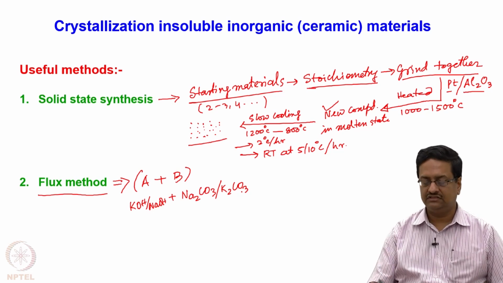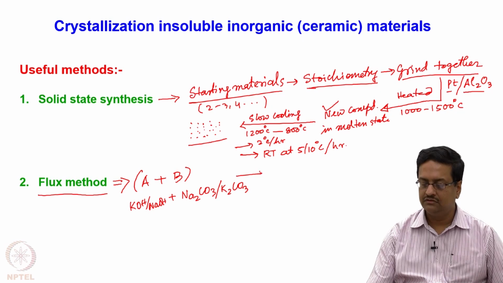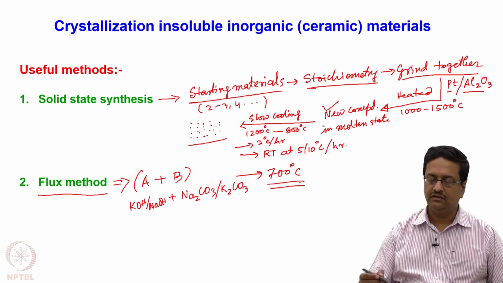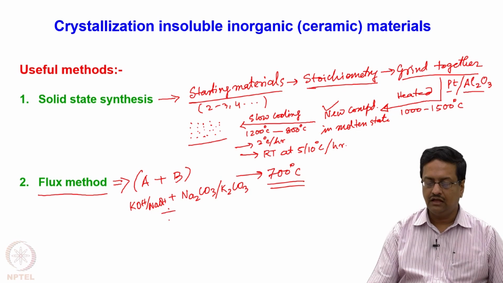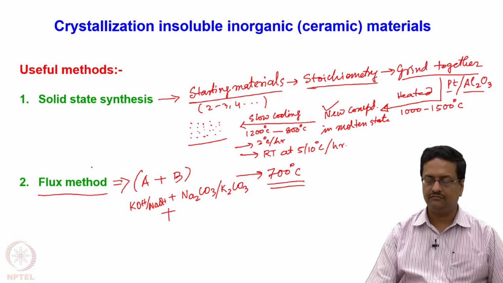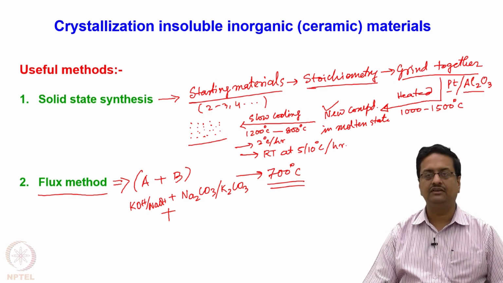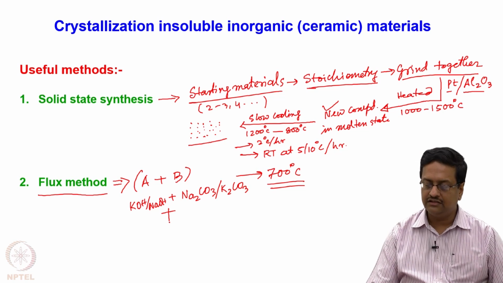This particular mixture melts at about 700 degrees centigrade. So what we do is we take the same set of starting materials along with the flux material, that is a mixture of potassium or sodium hydroxide with potassium or sodium carbonate, and then heat it to about 700 degrees centigrade.